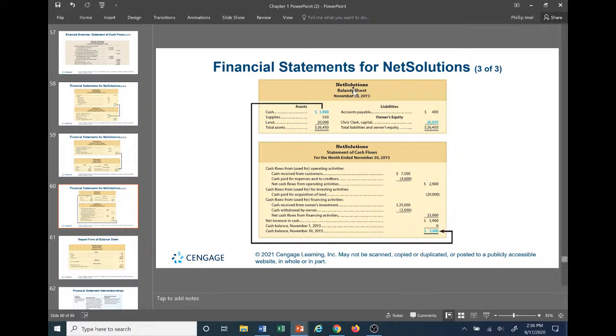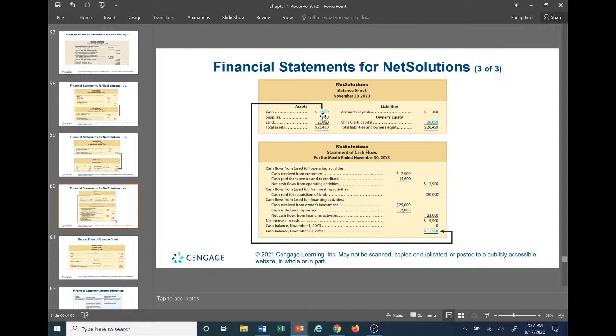Now let's look at how the balance sheet ties in with the statement of cash flows. Remember, the balance sheet, which is for a specific point in time, displays our assets, liabilities, and equity, the accounting equation. Notice cash, which is a current asset, the most liquid asset, so it's listed first, of $5,900.